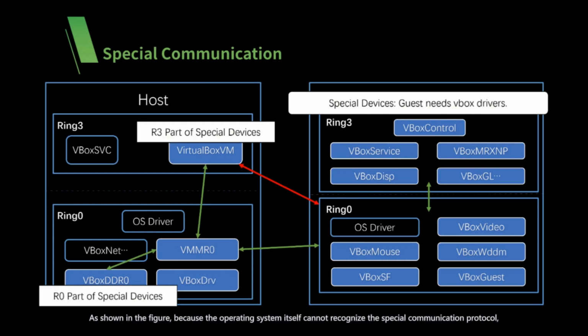As shown in the figure, because the operating system itself can't recognize the special communication protocol, the guest needs to install additional drivers provided by the virtualization system. VirtualBox contains many such drivers, such as VBoxGuest, VBoxService, VBoxVideo, and so on.